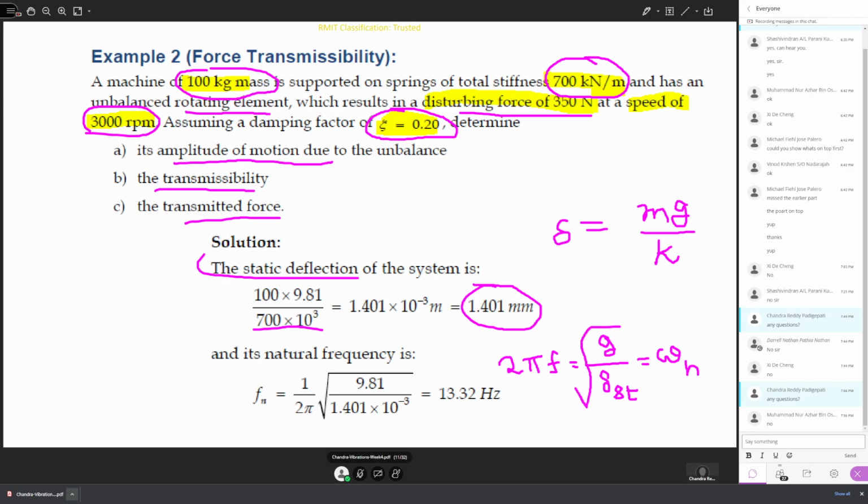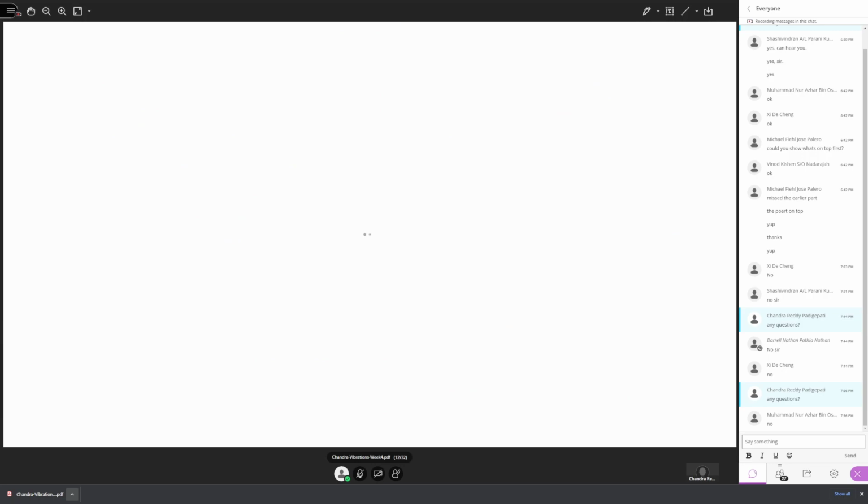Instead of k over m, because the force is due to the weight of the system, you will have g over static deflection. If you calculate the frequency here, this is in cycles per second, f n, not the circular or radial frequency. It is just the normal frequency, cycles per second. So you can calculate the natural frequency of the system.